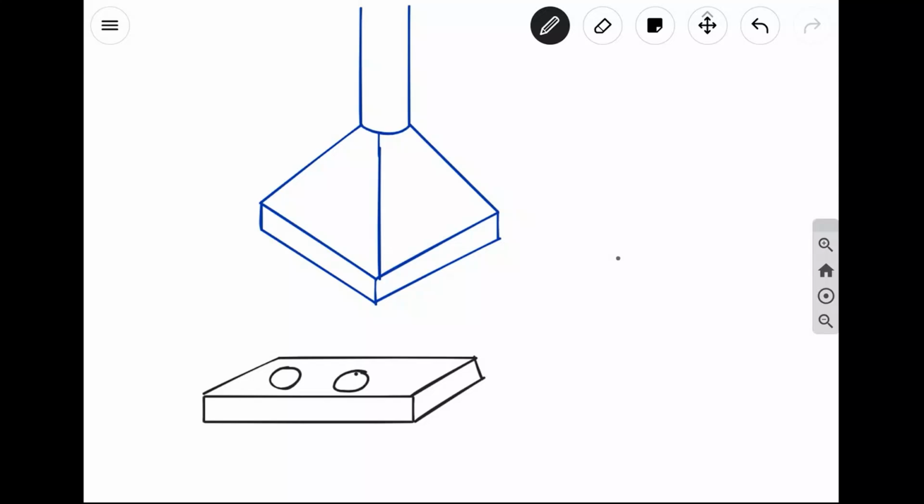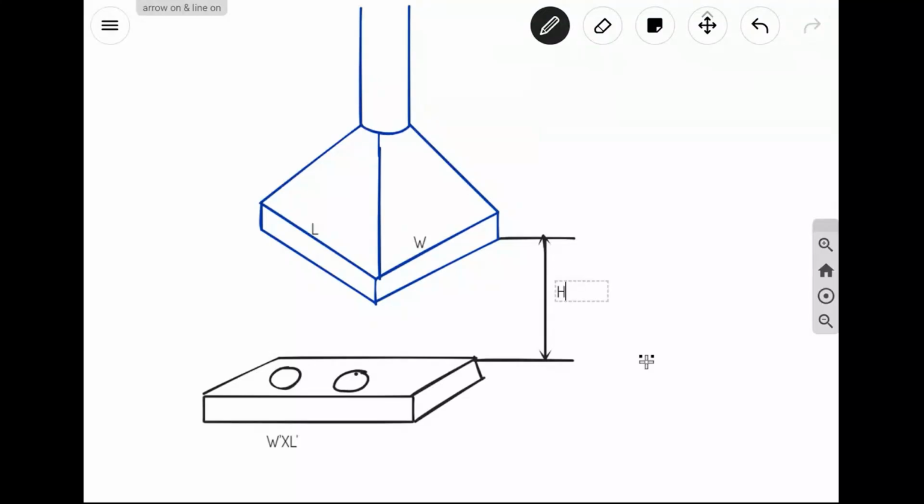Let the stove size be width dash into L dash, width and length, and this will be the height of the installation, H.